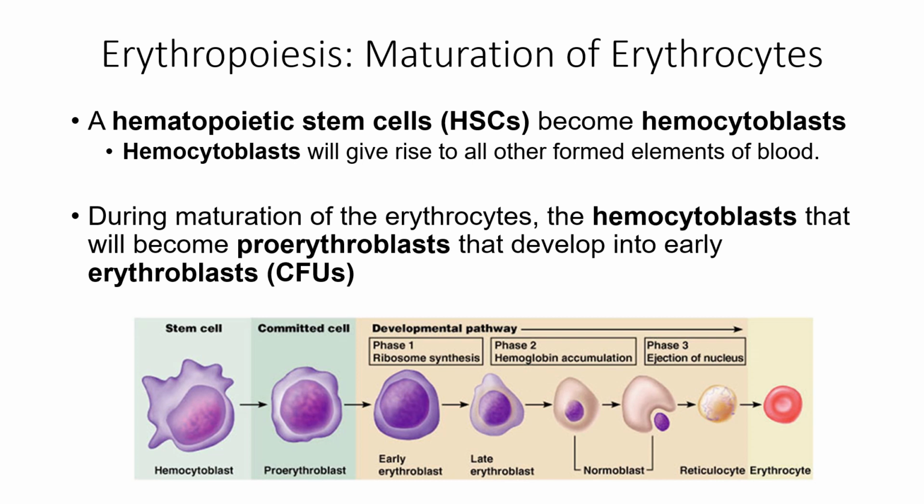These are different from hemocytoblasts, because hemocytoblasts are going to give rise to any and all of the formed elements of the blood. Once the hemocytoblasts differentiate into pro-erythroblasts, those cells can no longer become all of the formed elements of the blood. They can only become erythrocytes.